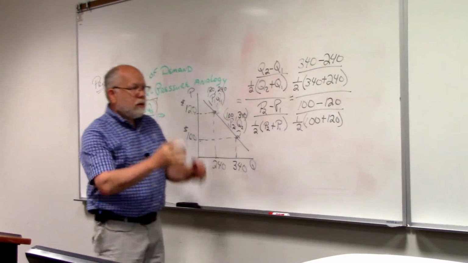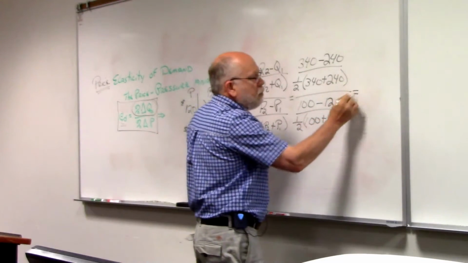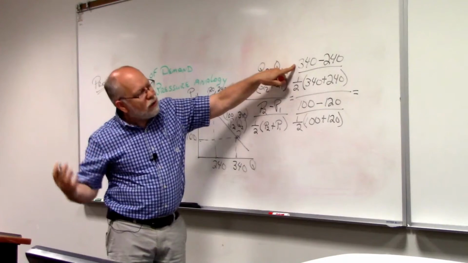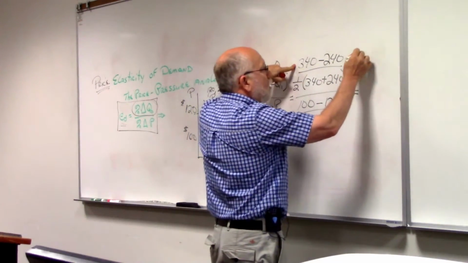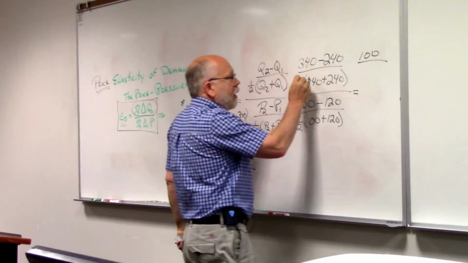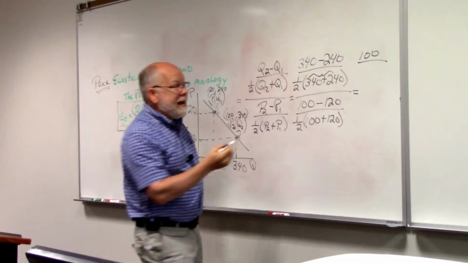Okay. Now I'm going to be running out of room, so I'm going to erase this and come back around. But let's see if we can just boil it down a little bit more. 340 minus 240, I think, is 100. And this number right here looks to me like 580.